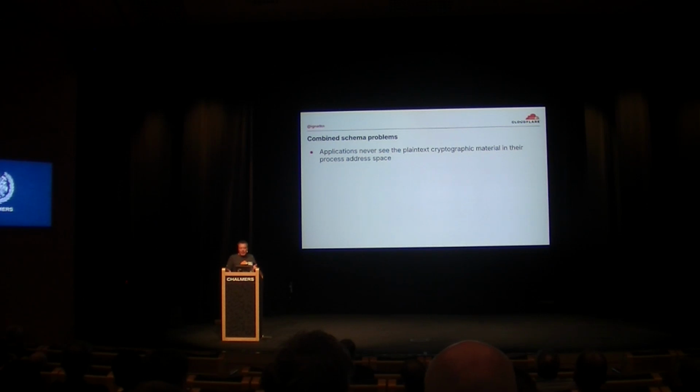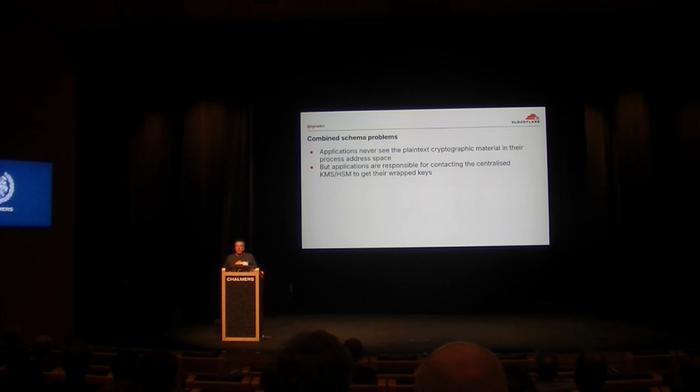Applications will never see the plain text cryptographic material, but they are still responsible for contacting the centralized KMS or HSM system. Who uses Vault, for example? Someone uses AWS KMS, and it's a nightmare, right? If you adopt Vault, every application needs to be able to talk to Vault and integrate the Vault SDK, and then if you decide to migrate to something else, everyone has to migrate.